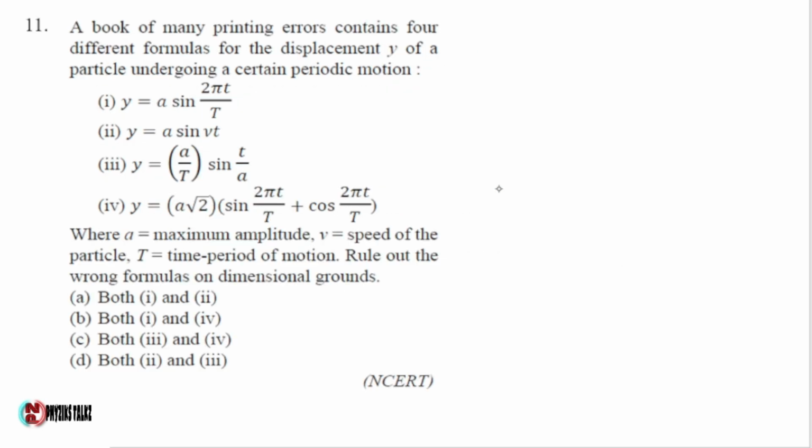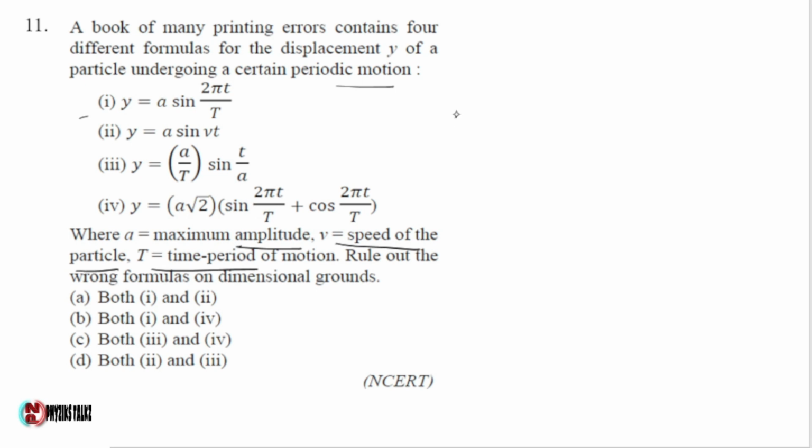Next question. A book of many printing errors contains 4 different formulas for displacement y of a particle undergoing a certain periodic motion. These 4 equations are given, where A is the maximum amplitude, v is the speed of the particle, T is the time period. So which are the correct options?